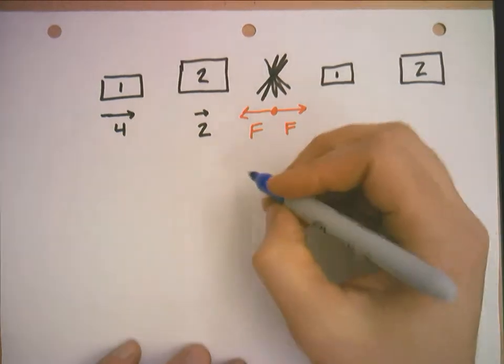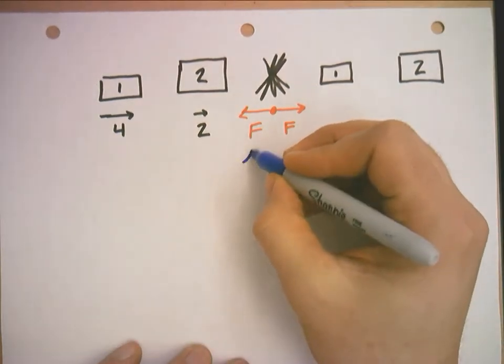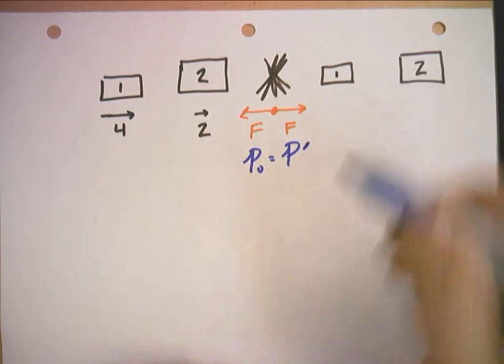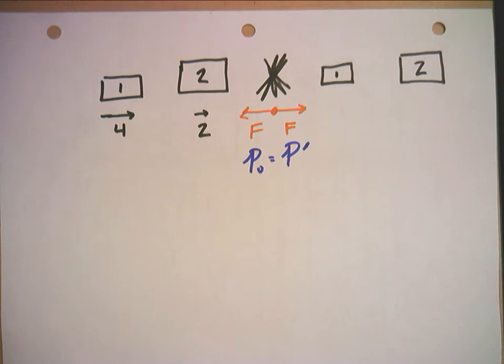2. The momentum that we have coming in will be equal to the momentum that we have after the collision. That's the second thing that is conserved or equal.